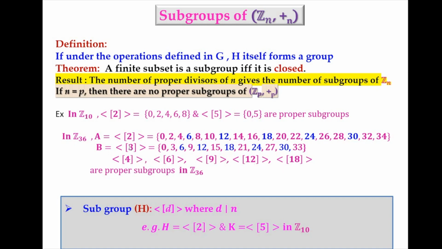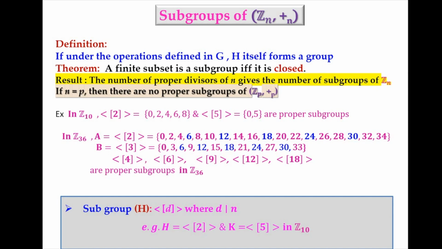These are all proper divisors of 36: 2, 3, 4, 6, 9, 12 and 18. So these being proper divisors, we have that many subgroups of our Z36.